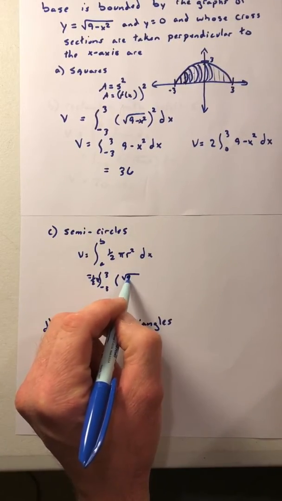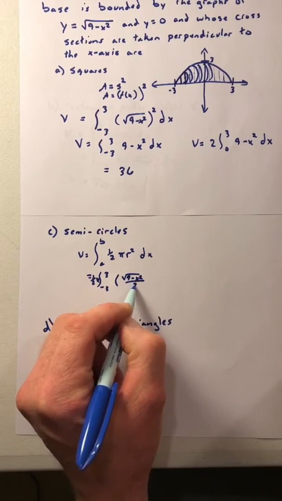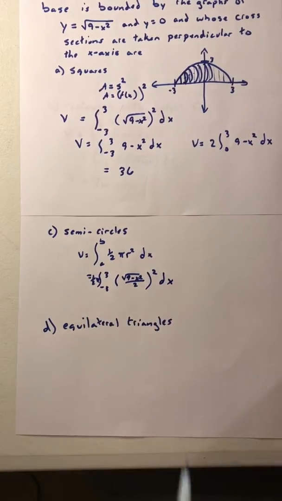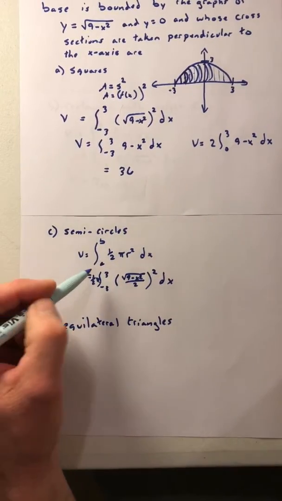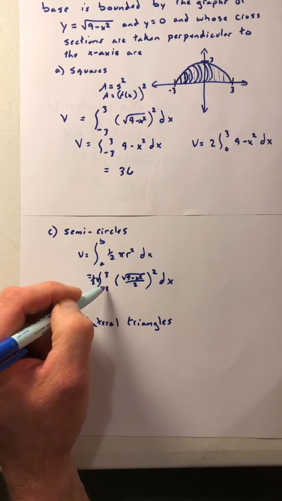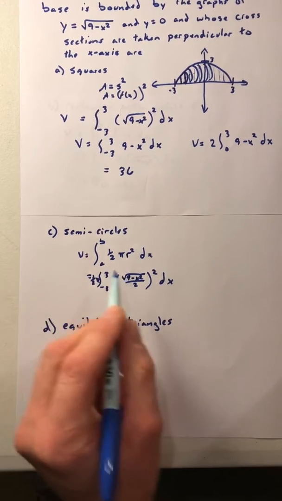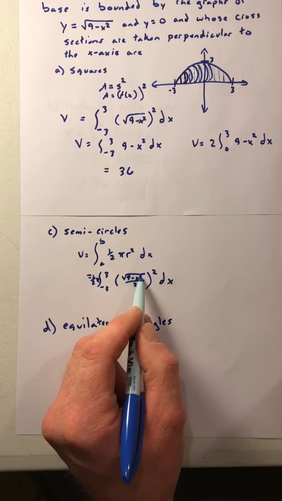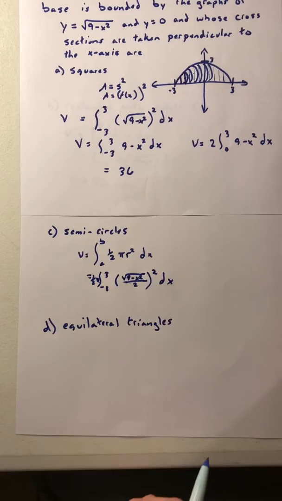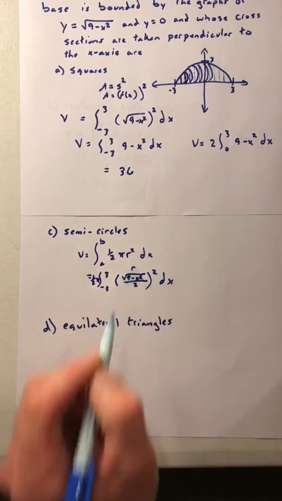So I take the square root of 9 minus x squared, divide it by 2 and square it, dx. So now I have the volume as being 1/2 pi times the integration from -3 to 3 of the square root of 9 minus x squared divided by 2 squared dx, because this now is my radius.